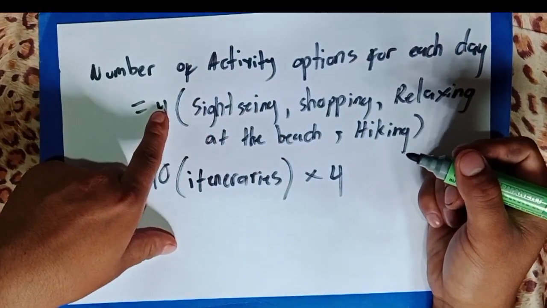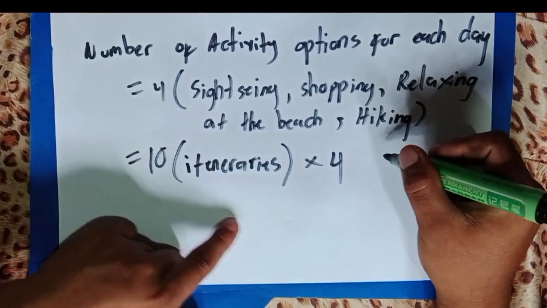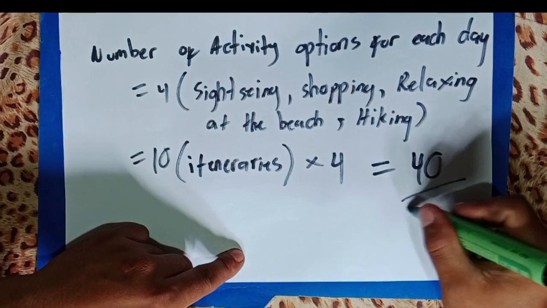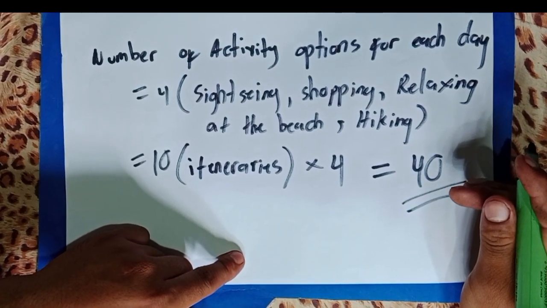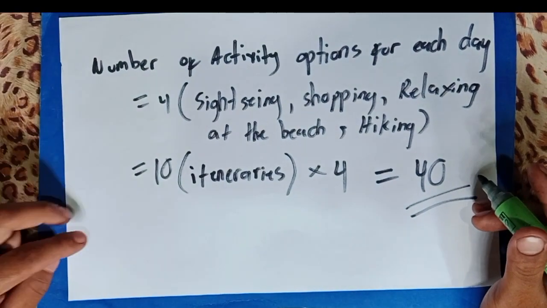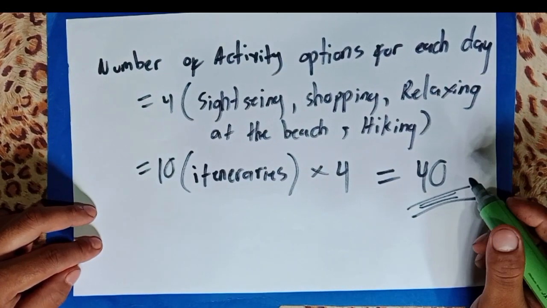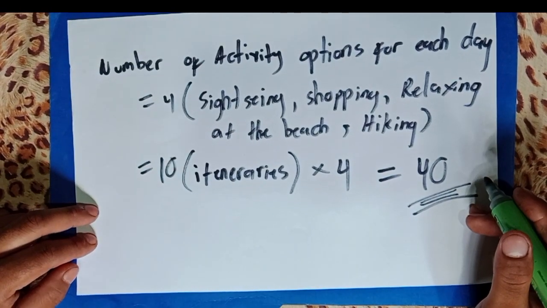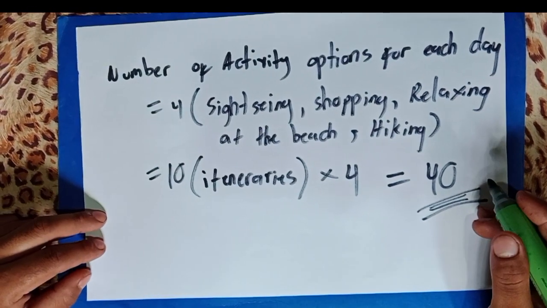We have four activities. So 10 times 4 is equal to 40. So this is for the multiplication principle. Therefore, there are 40 different ways to plan both the destinations and activities for a week-long vacation.